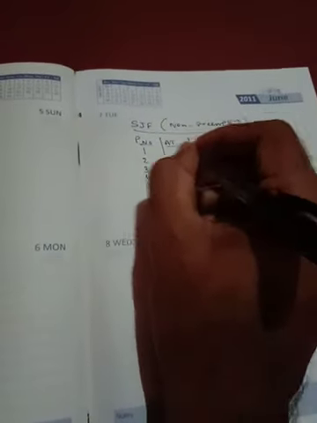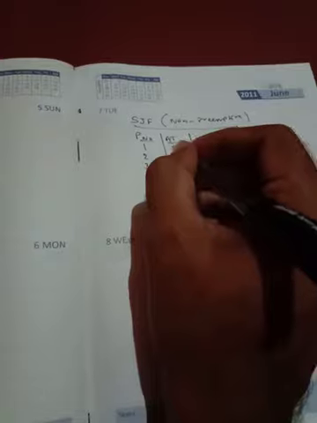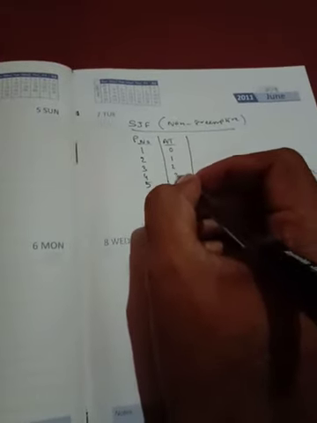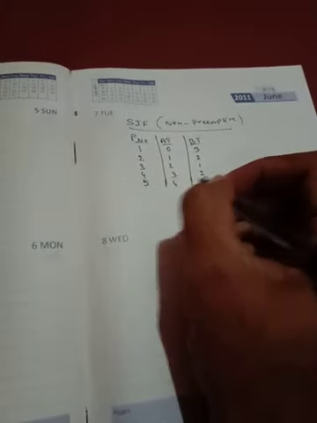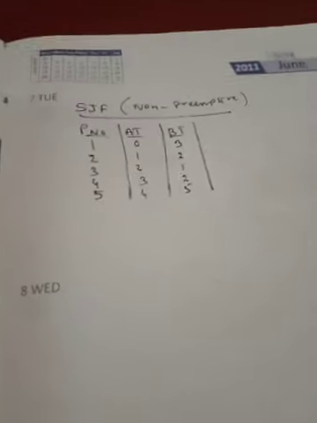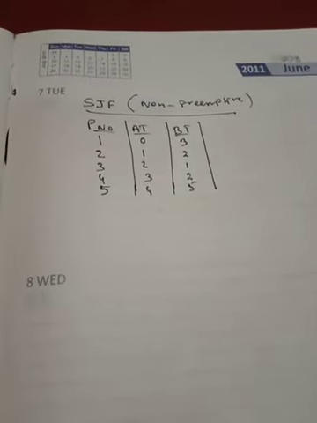The arrival times for the processes are 0, 1, 2, 3, 4, and the burst times are 3, 2, 1, 2, 5. If this is the data given in the question, then how can we solve this?